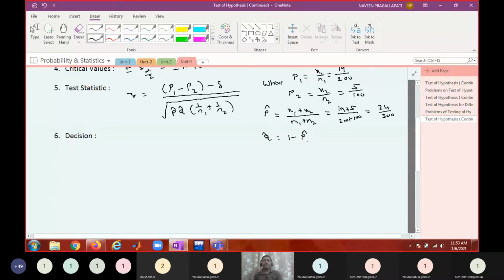So what would this be? 276 by 300. You may convert into decimals, substitute the values here and tell me the value.